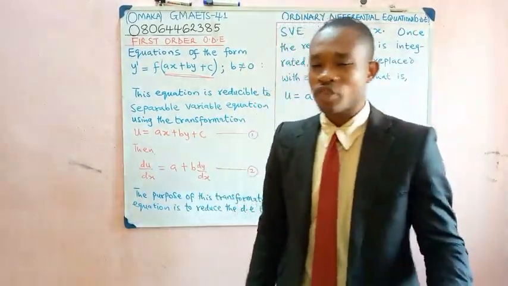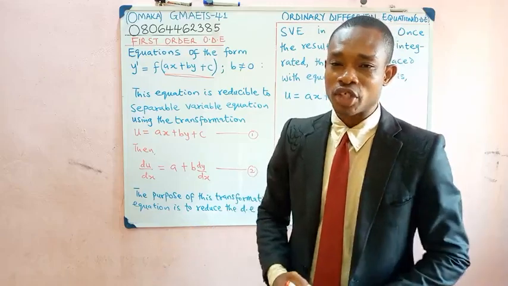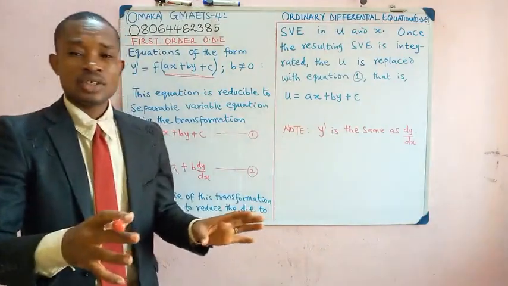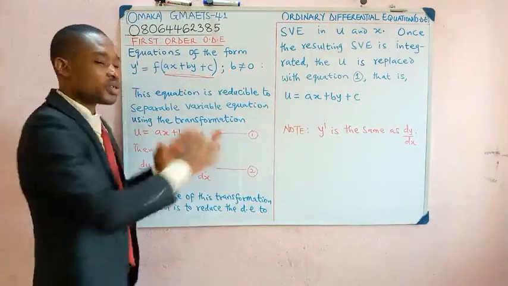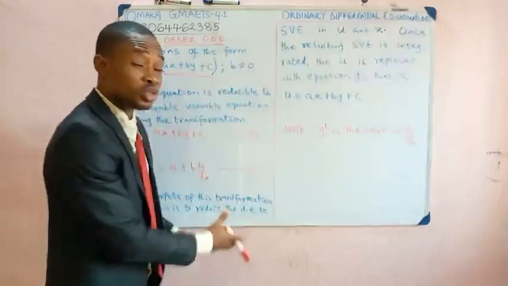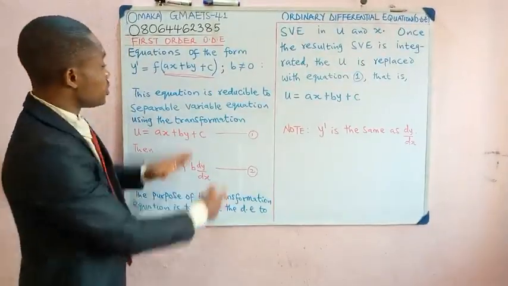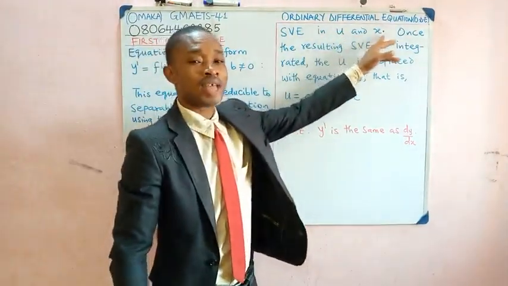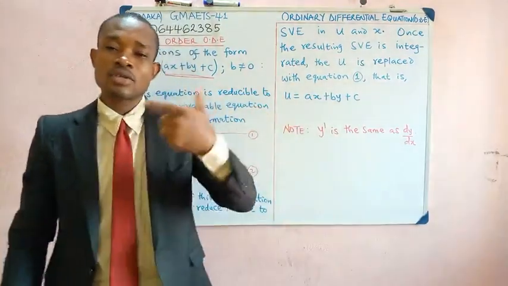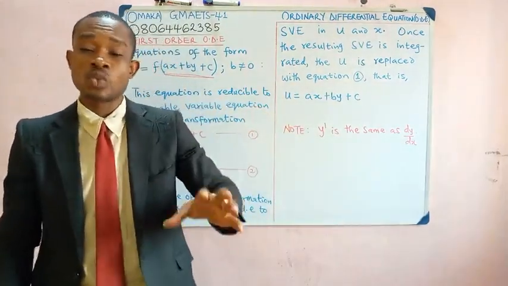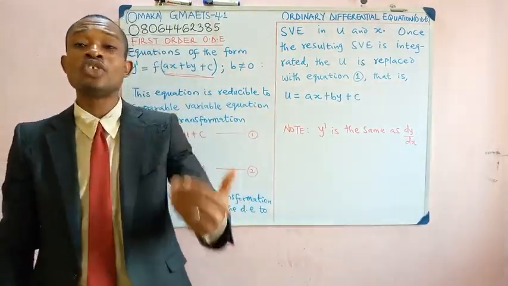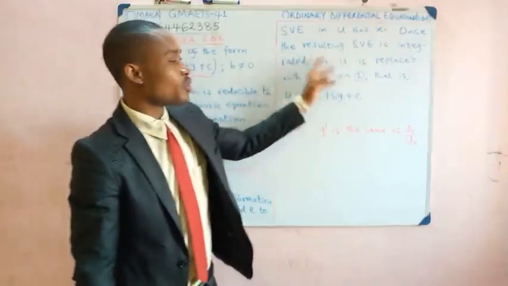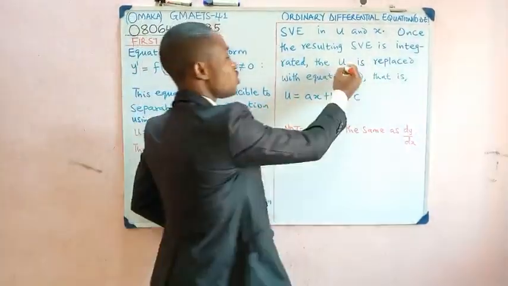What is the purpose of this transformation and the derivative of this transformation? It's quite simple. You're trying to reduce this differential equation to a separable variable equation. So we are trying to reduce this equation to a separable variable equation that will now contain u and x, so that you will solve it and obtain your result. Now, after you've obtained your result, what are you expected to do to this u?